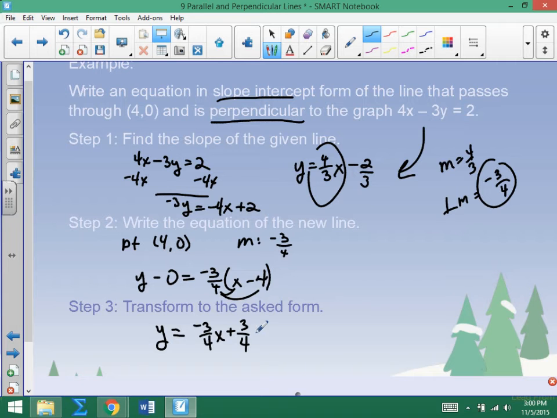Okay, so we've now written, and I didn't even do that right because I was distracted, so let me fix this. -3/4 times -4 is +3. So what we've done is we've now found the equation of the line that is perpendicular to the one that was given.